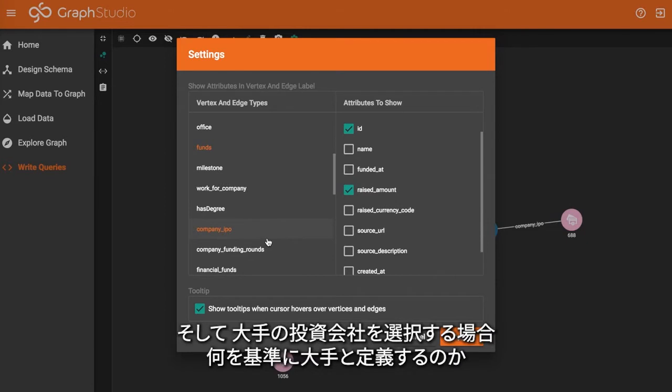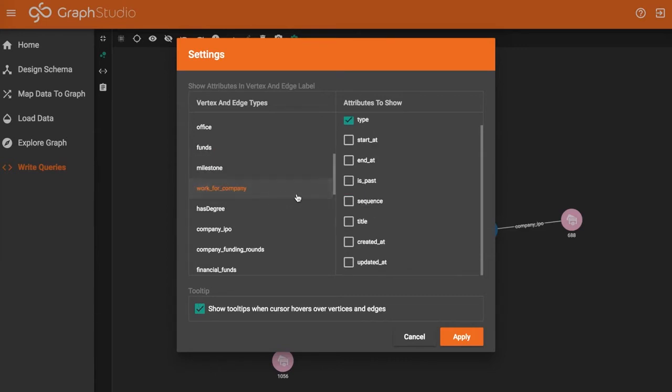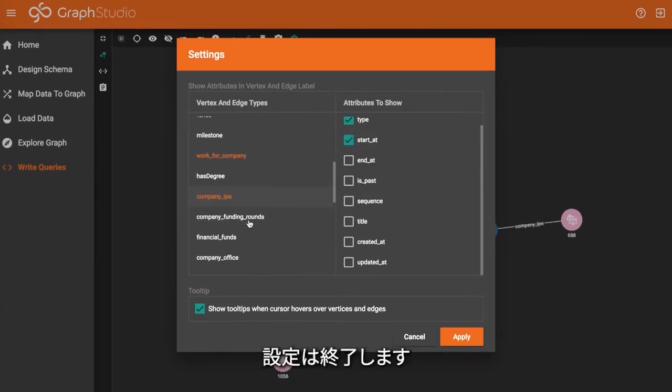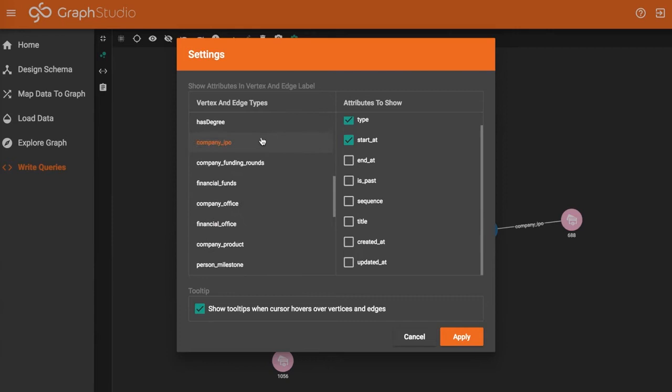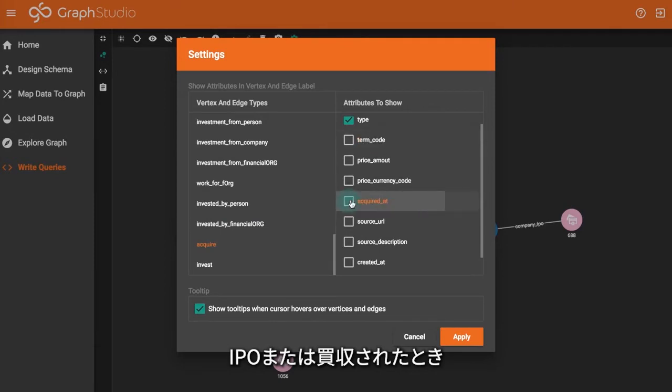When we selected some investment companies as big investment companies, how did we decide that they were big? Okay, and we'll just pick a couple more. We're almost done here. And if a firm had an IPO or was acquired, when did that take place?